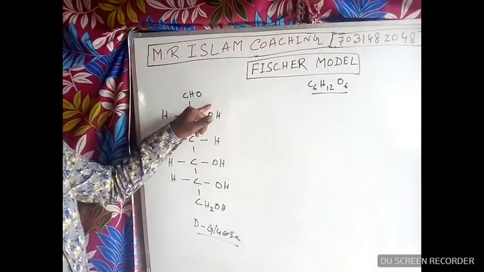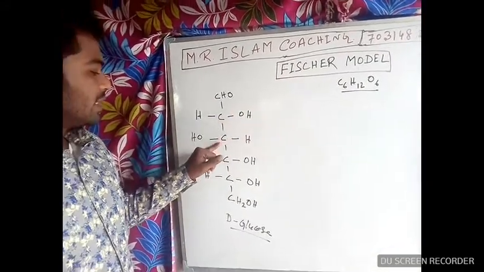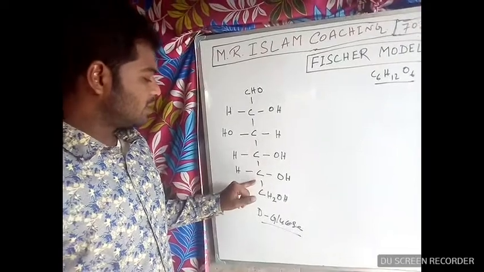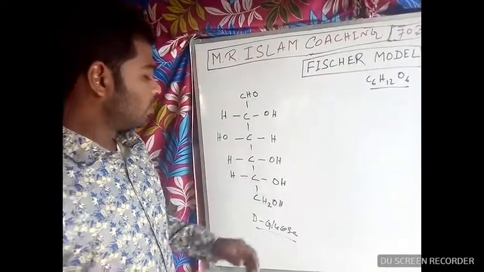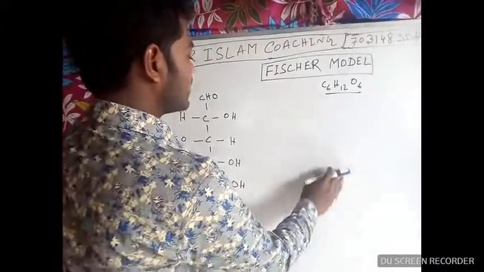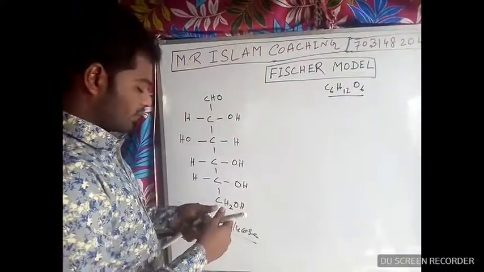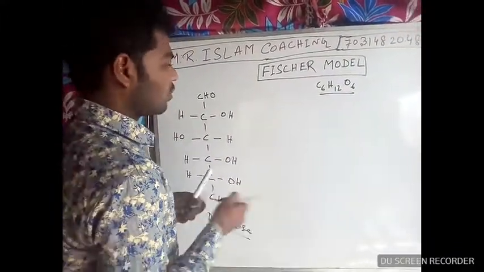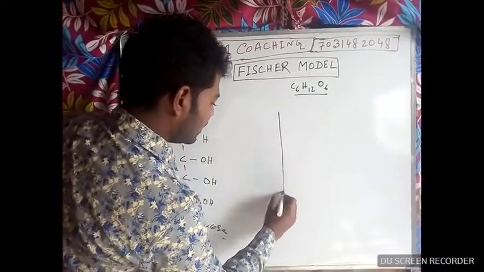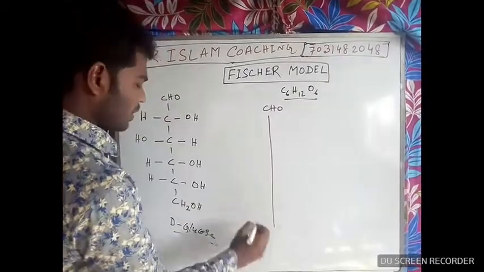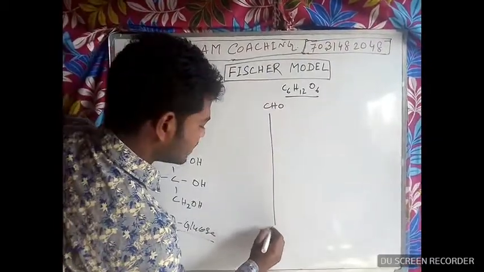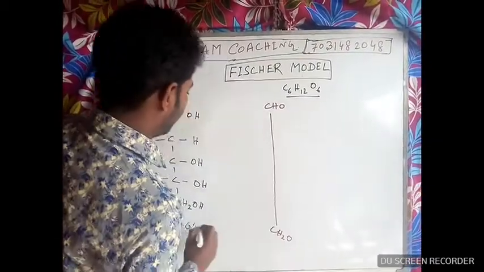At the top CHO, then C, C, C, C, CH2OH. We know how to write the simple Fischer model. So we draw a long line. At the top CHO, at the bottom CH2OH.